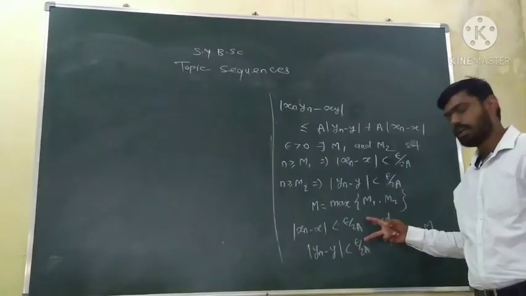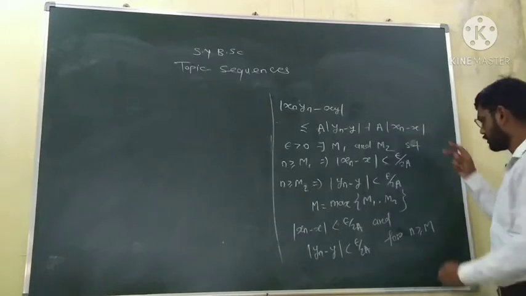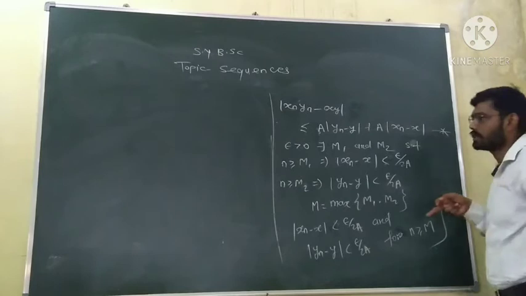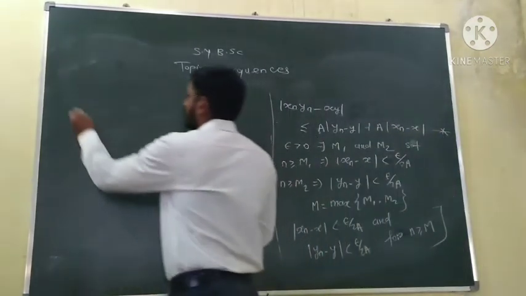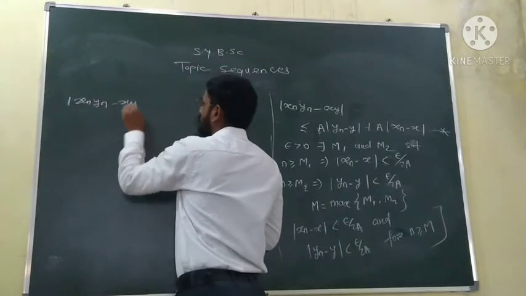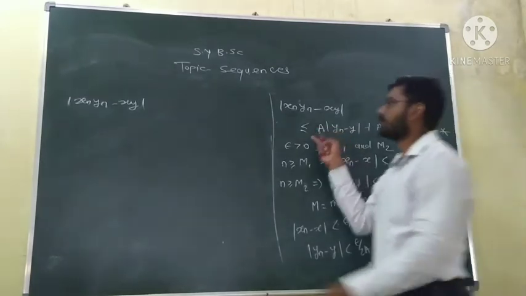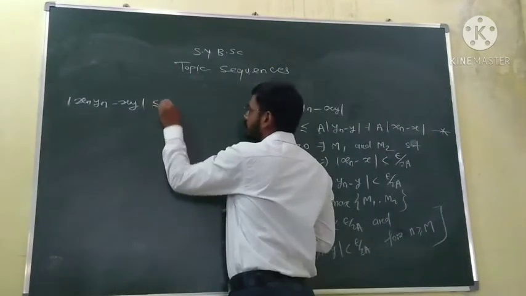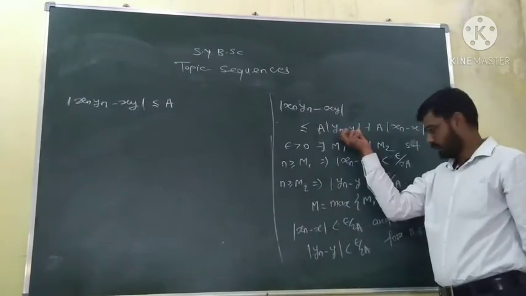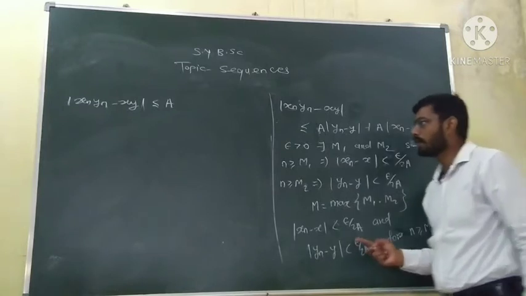Now put these two values in our equation. So we get mod of xn yn minus xy, which is less than or equal to a into mod of yn minus y, but mod of yn minus y is less than epsilon by 2a.